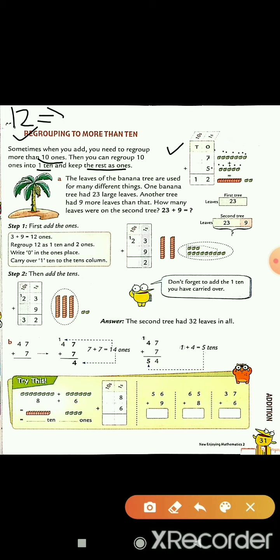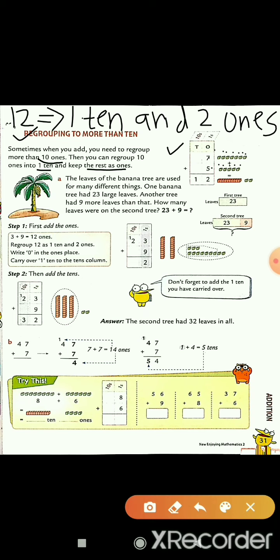Now 12 is more than 10. How we can regroup 12? We can regroup 12 as 1 ten and 2 ones.